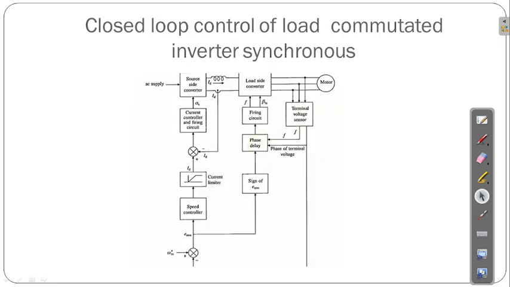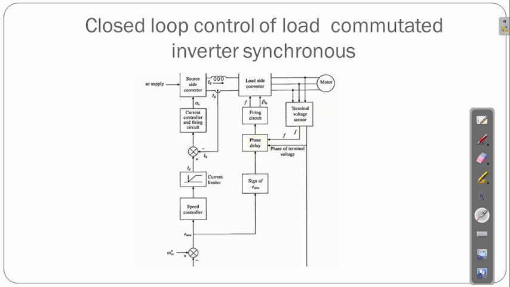Then see the closed loop of the load commutated inverter type. Here you will see the load side converter and the source side converter, the motor, the terminal voltage sensor, the phase delay, the firing circuit, current control and firing circuit, the speed control, the current limiter, and the sign of E omega m.